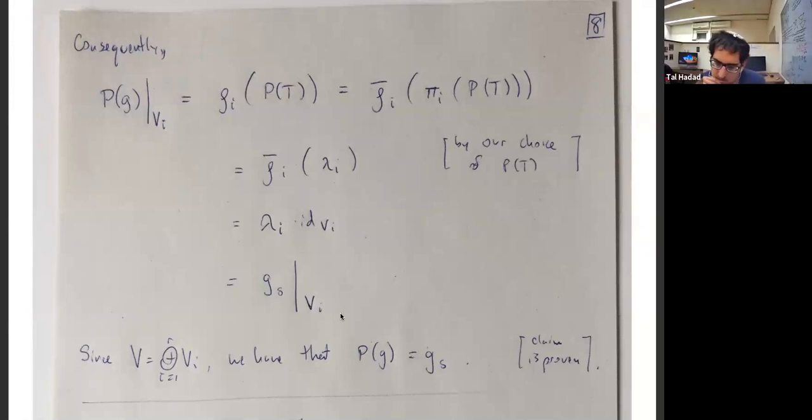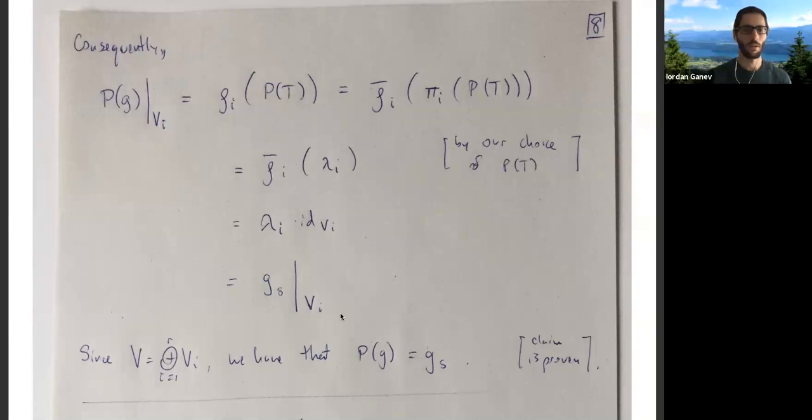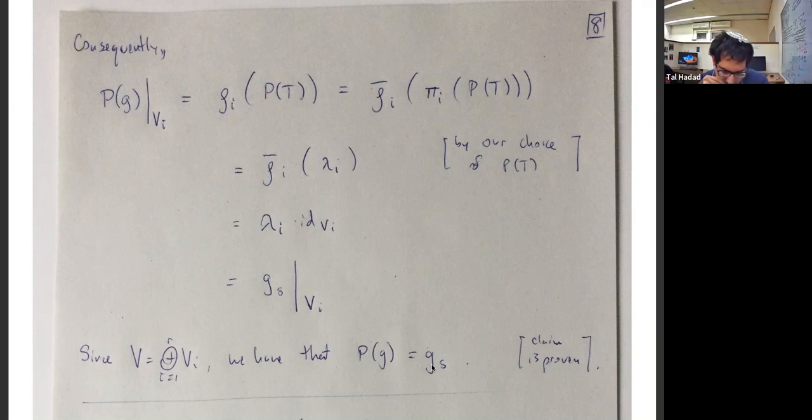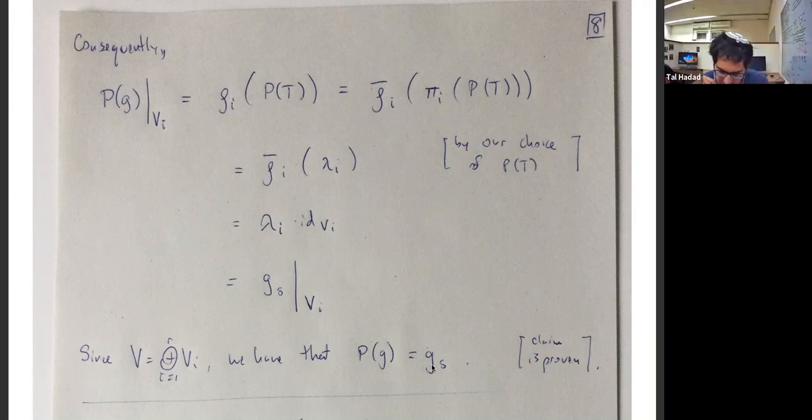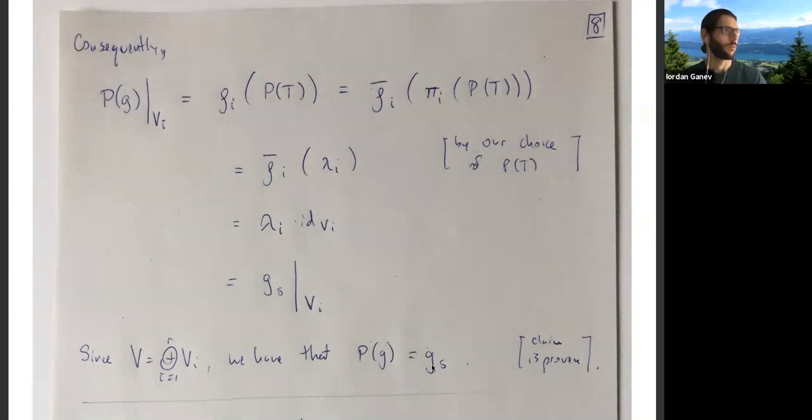Just what is the purpose for all this computation? Yeah, so what we want to show is that P of G is equal to GS. Oh, I mean, what is the purpose of the theorem, of the Jordan decomposition? Okay. So the teaser for next week: as we'll see next time, the purpose is to generalize it.